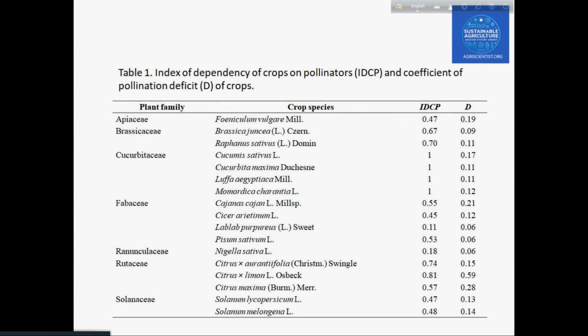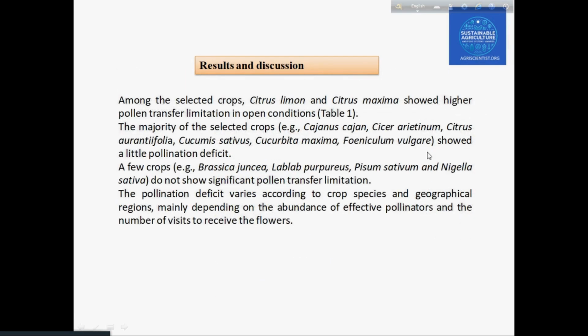Here table 1 shows the dependency on pollinators and their pollination deficits. Members of Cucurbitaceae show obligatory dependency, IDCP value 1. Among the selected crops, citrus shows higher pollen transfer limitation.